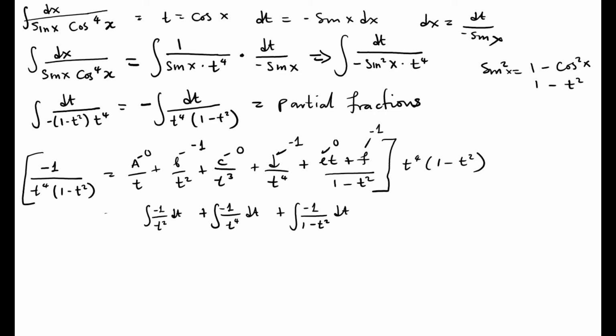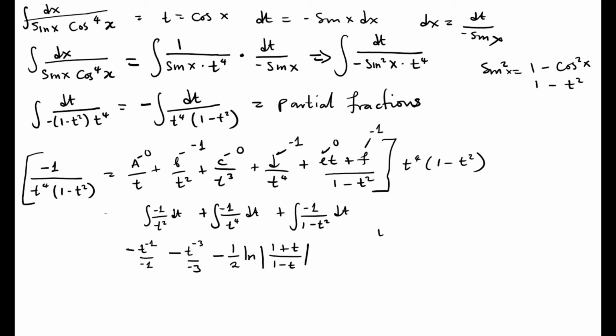Okay, so this one gives you minus t to the power -1 over -1. This one also will be minus t to the power -3 over -3. This one will give you minus 1 over 2 ln of (1 minus t)/(1 plus t).